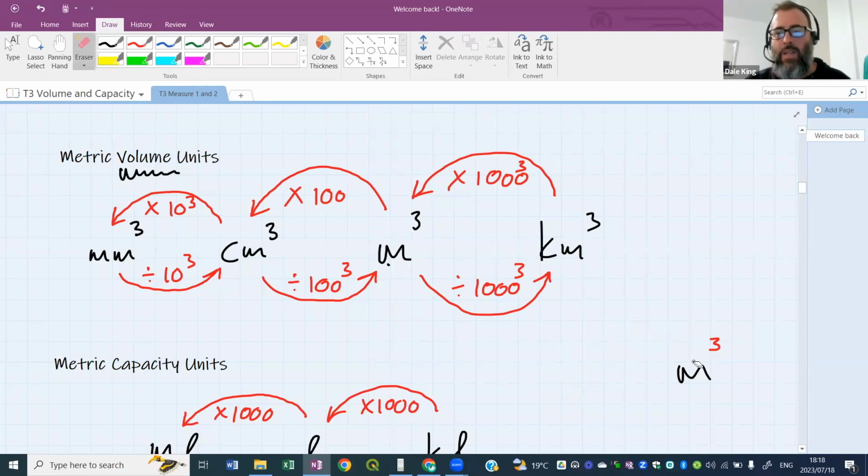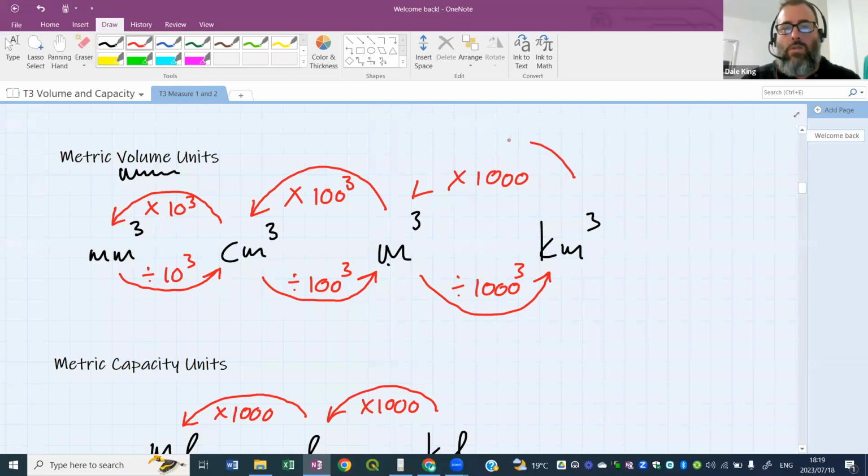Now, for all those people that are worrying, oh my gosh, how am I going to remember this? You can take a screenshot now and just try and remember this like Bianca does. But they don't often ask you to convert between cubic units. So if you think, oh, I have to study this so hard and focus on this besides other things, don't stress yourself out.